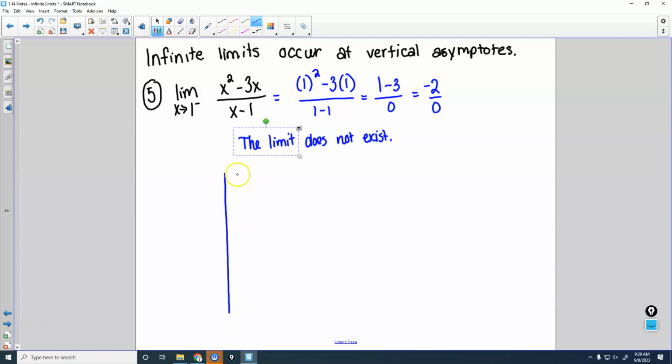So if we think about making a table for this, we've got our x here and our y here. We're approaching 1 from the left, so we need numbers that are lower than 1. I'm going to try -1. Sometimes it'll help to go a couple numbers below. Sometimes you can see the pattern.